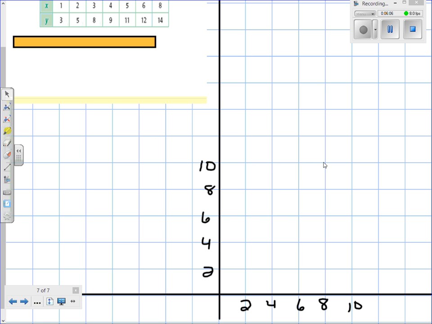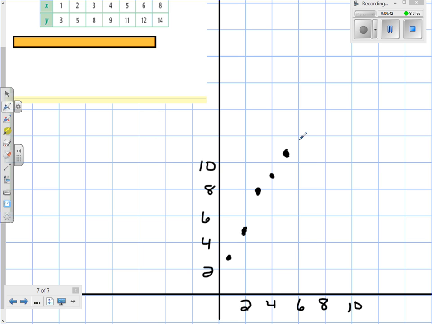To plot our data. And what I did was do a different scale here. So x, still plotting this data up here, going to write an equation. X would be 1, y would be 3, would be about there. X is 2, y is 5. 3 is up here at 8. 4 is at 9. 5, which would be halfway here between 4 and 6, would be up here at 11.